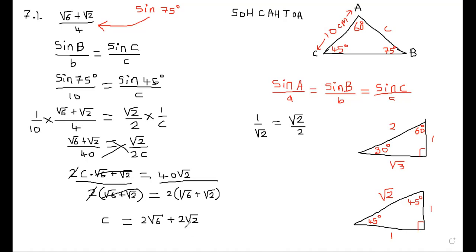So that is the value of c. But you know what, I think we can leave it in this form, because if it's like this, then you can take out the common factor, root 6 plus root 2.